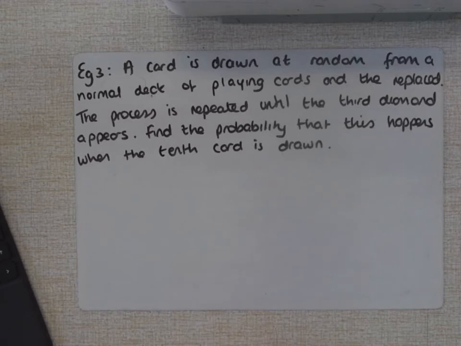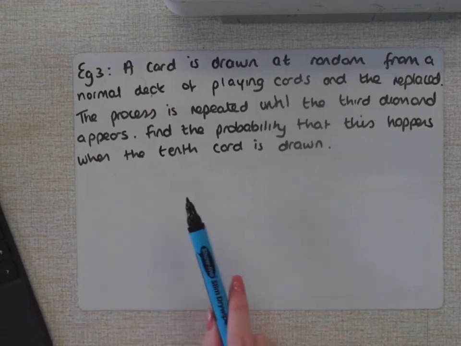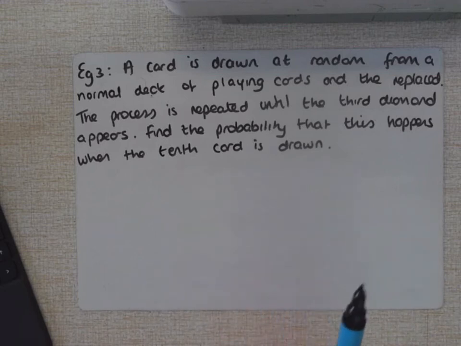A card is drawn at random and then replaced. The process is repeated until the 3rd diamond appears. Find the probability that the 3rd diamond appears when the 10th card is drawn. So what does that mean before the 10th card? 2 diamonds.